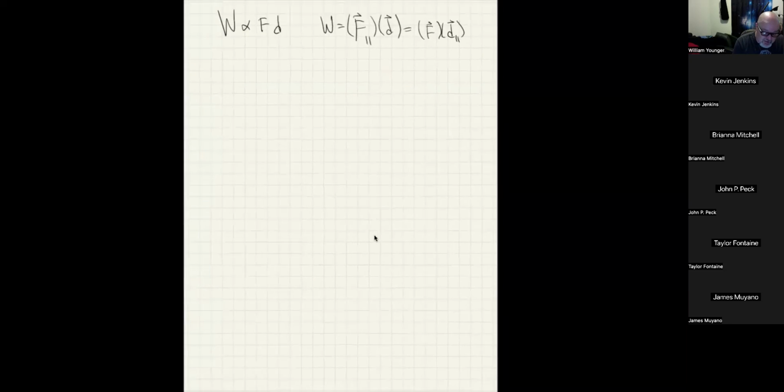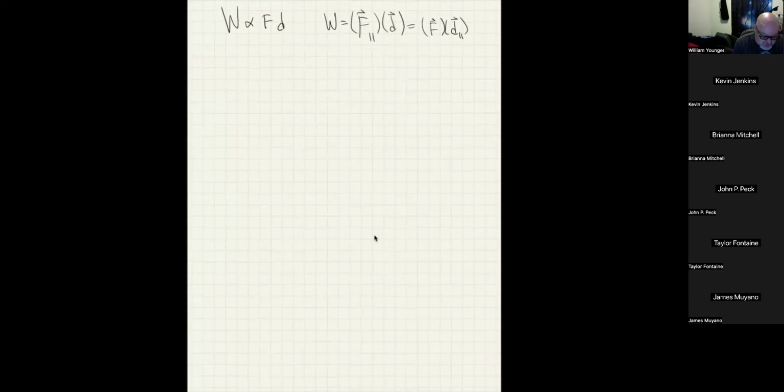Well, what I mean is if, for instance, I apply a force, say like this, F, and it's applied over a distance like that. That was supposed to be horizontal, by the way. Let's pretend like I made it better. Okay, and that's my displacement vector.